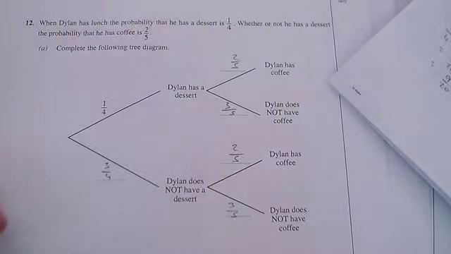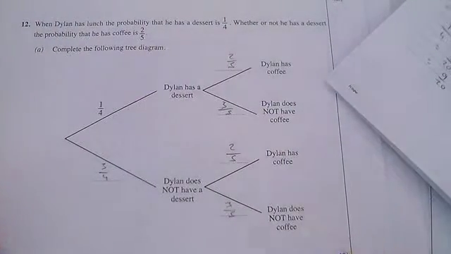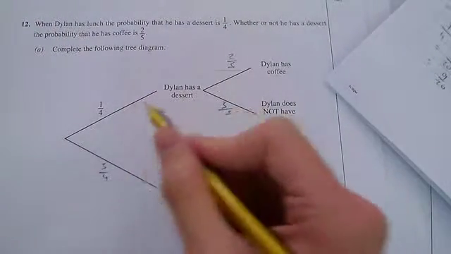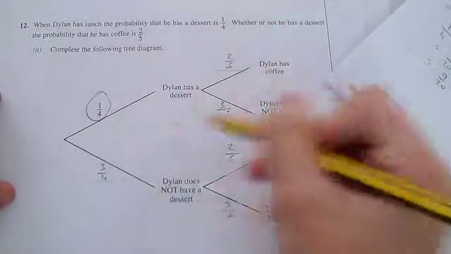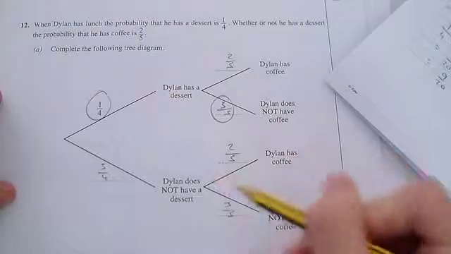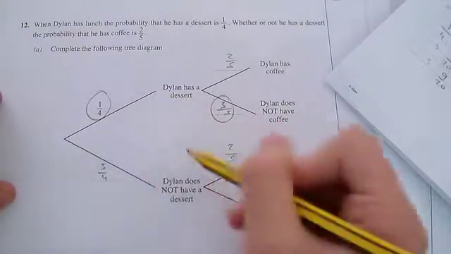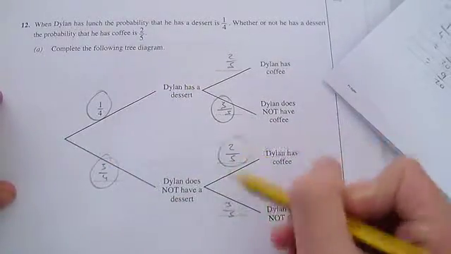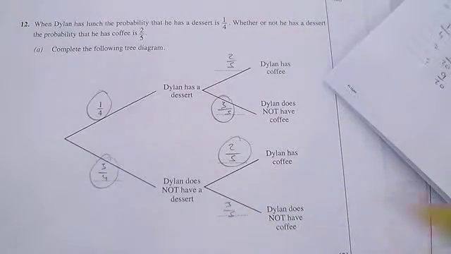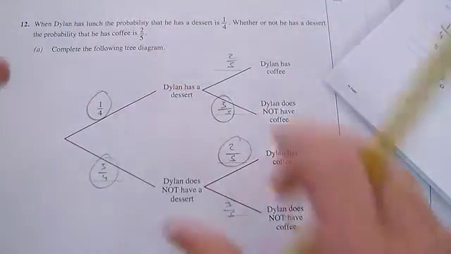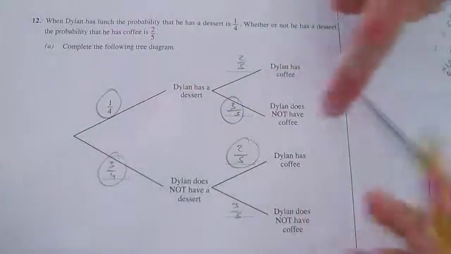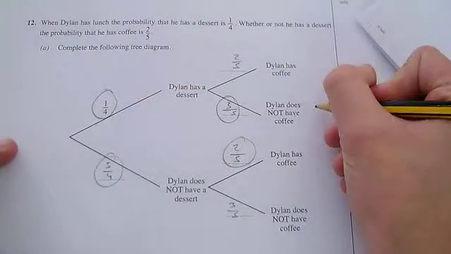So the probability that he has dessert or coffee, but not both, means that you're going to want to find the probability of him having a dessert but not having a coffee, plus the probability of him not having dessert, plus... You're doing all the maths right here. Yeah. Perfect. Can you just write that by the side, what that probability is?